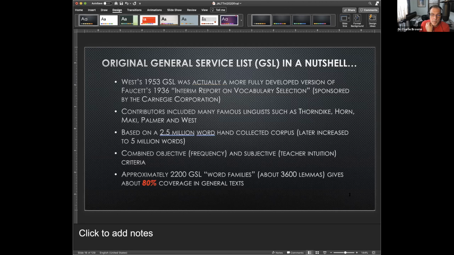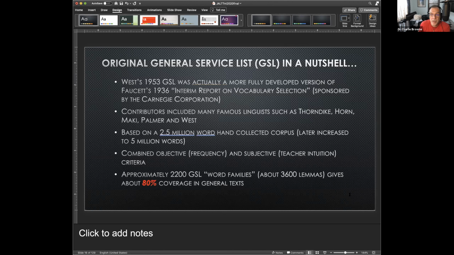They made word lists that combined objective and subjective criteria, and in the end came up with a list of about 2,200 word families known as the General Service List, which is about 3,600 lemmas. We'll talk about that later. Those 3,600 words give about 80% coverage in general text. So it was a list that was very popular for 50 or 60 years.